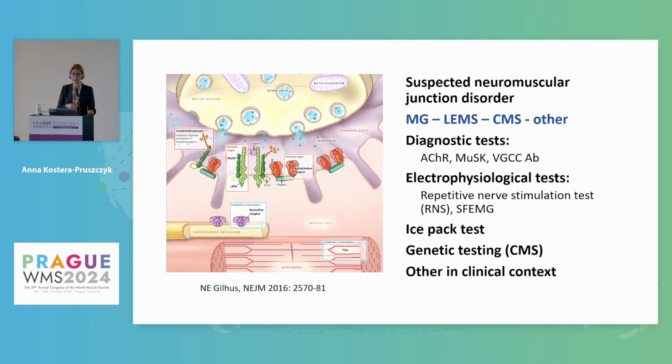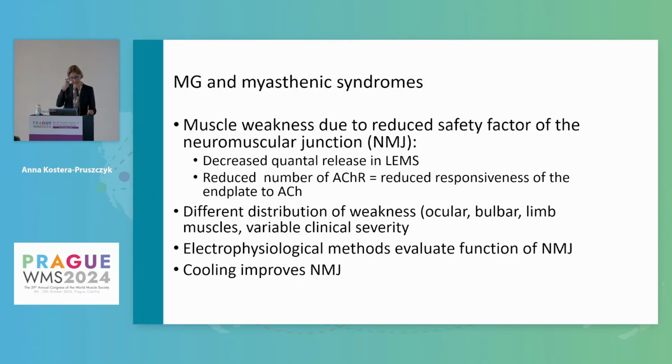Antibody testing, electrophysiological testing, ranging from repetitive nerve stimulation test to single fiber EMG, but also the ice pack test that can be done probably in every office, and others that are feasible in the clinical context.